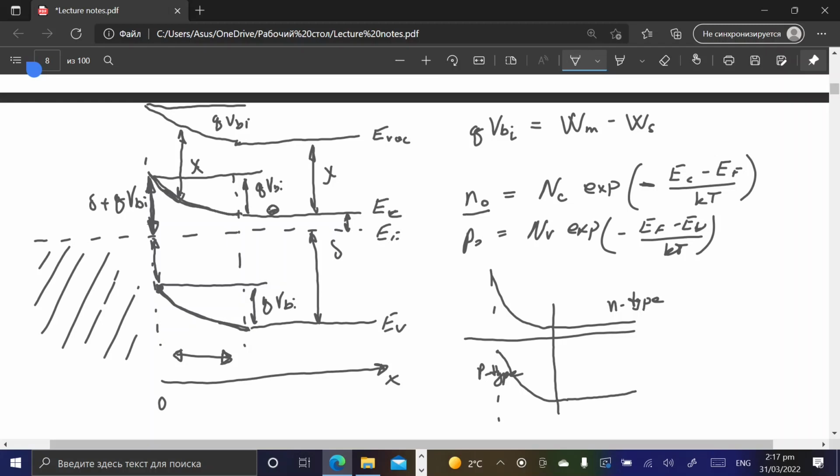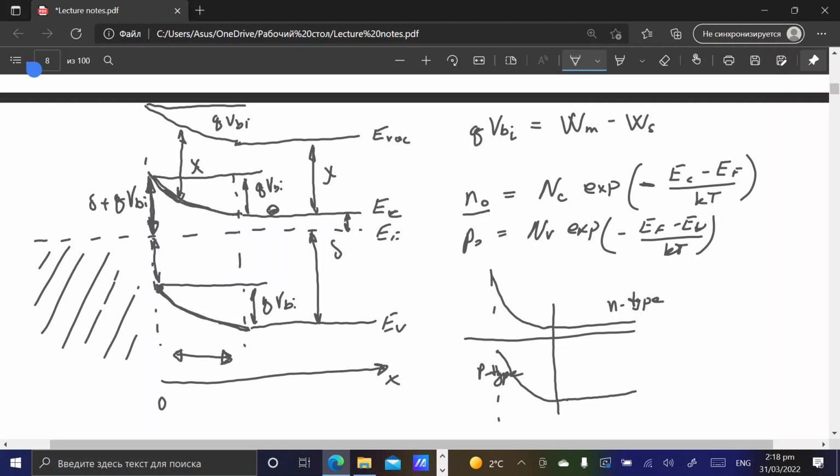Electrical conductivity of this layer will be lower than the specific electrical conductivity of the neutral part of the semiconductor. It means that the total resistance of this metal-semiconductor junction will be defined completely by the resistance of this depletion region, and it will be much higher than the semiconductor itself in the neutral region.